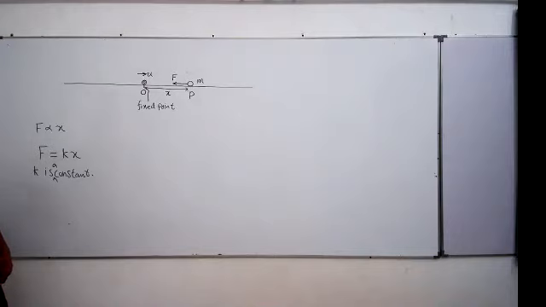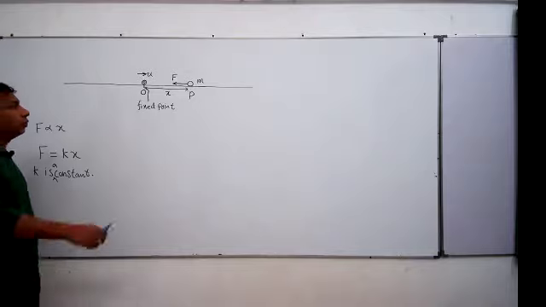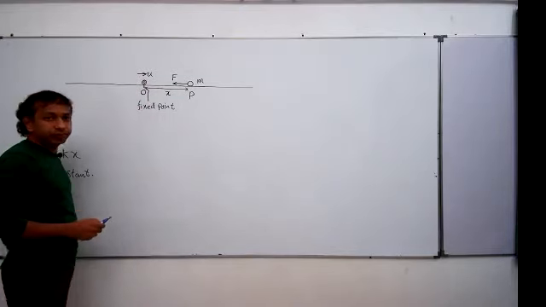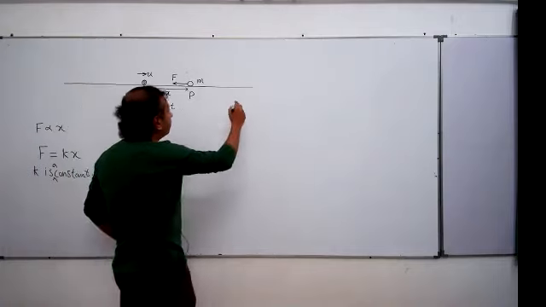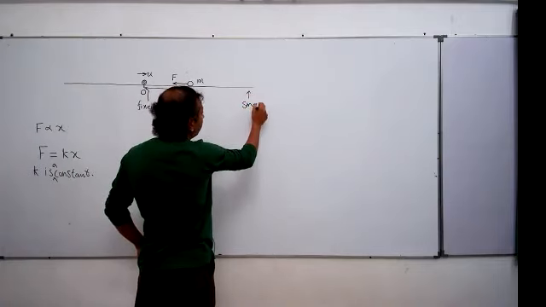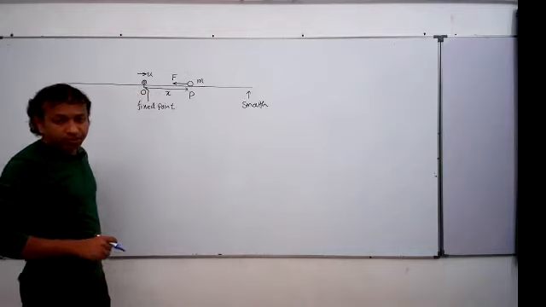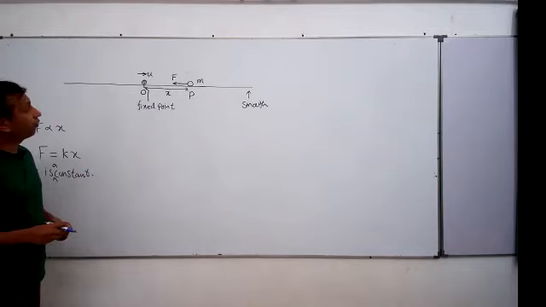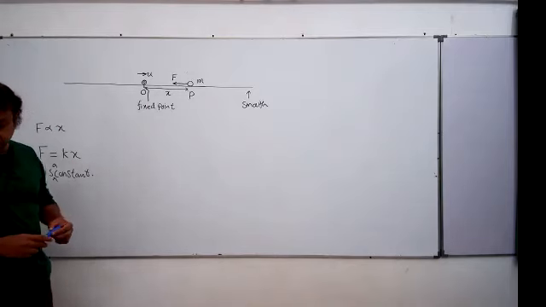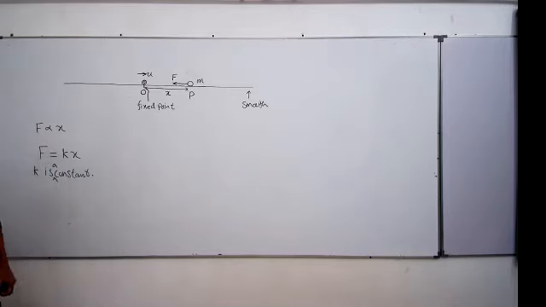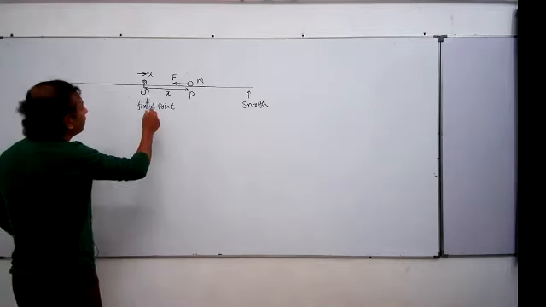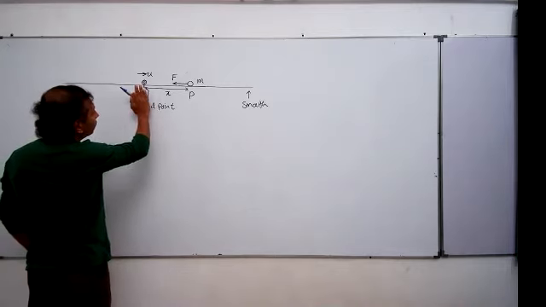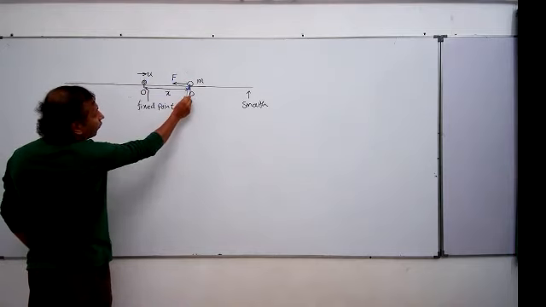People, now, if there is no force acting on this particle, since the plane is smooth, the particle moves on the plane with constant velocity u. Now, in this case, when the particle tries to move from O to the right, the force F is acting in the opposite direction.